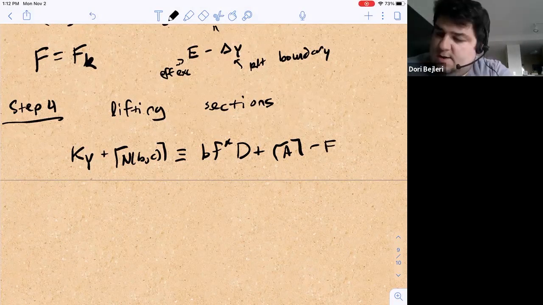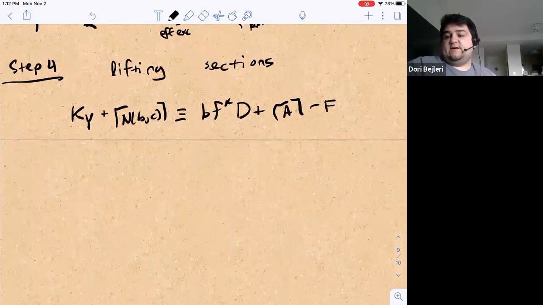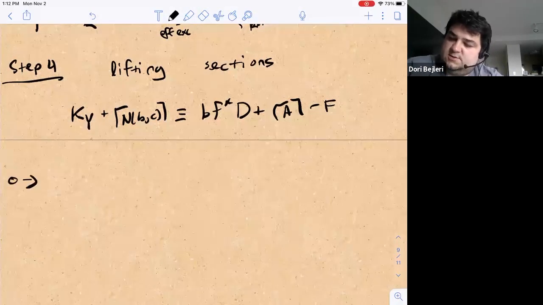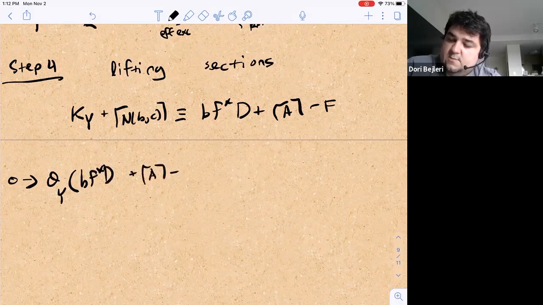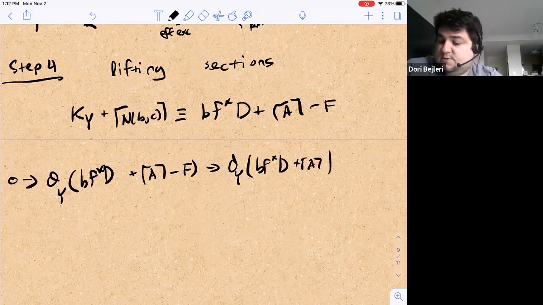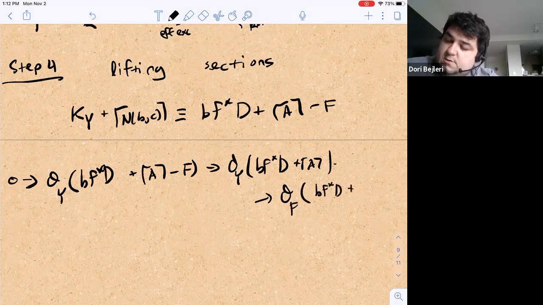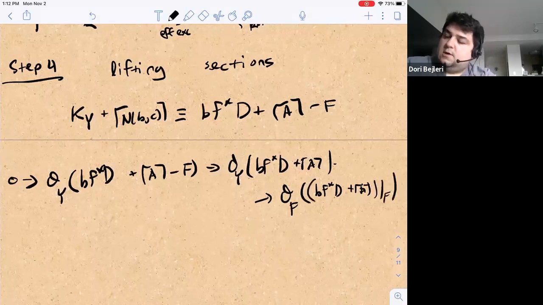So now we'll write down our twisting exact sequence for this f. So 0 goes to oy of bf upper star d plus the roundup of a minus f goes to oy bf upper star d plus the roundup of a goes to o f of the restriction goes to 0.